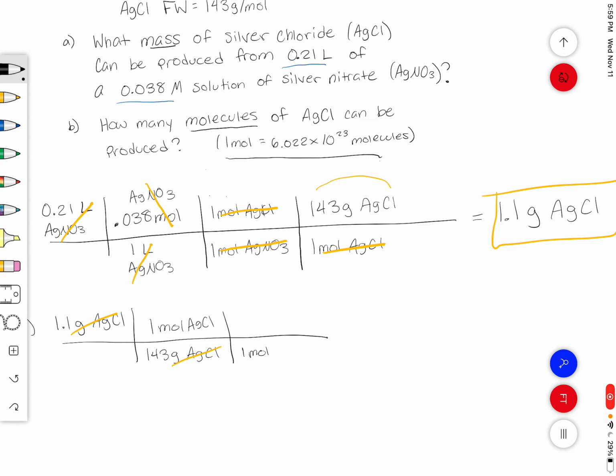That's not specific to AgCl or any sort of compound. That's for all moles. 1 mole is 6.022 times 10 to the 23rd molecules always. So canceling out these grams, we're going to get back into moles of AgCl, but now we're just going to convert those moles into molecules. So this is our final step. Molecules.